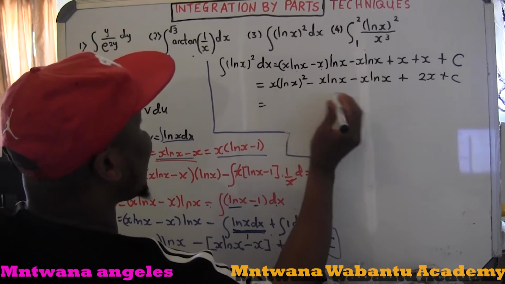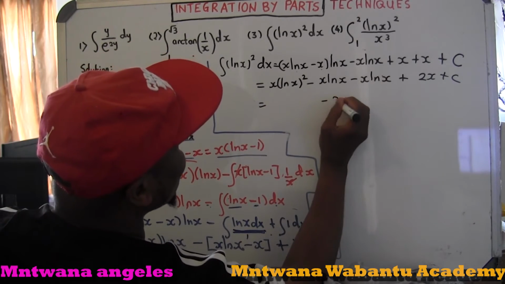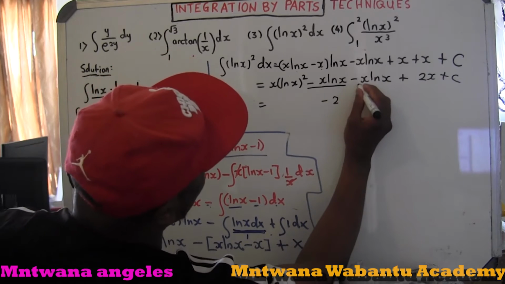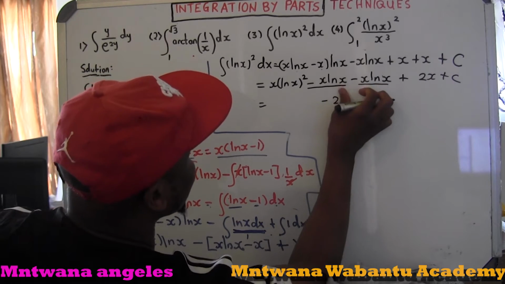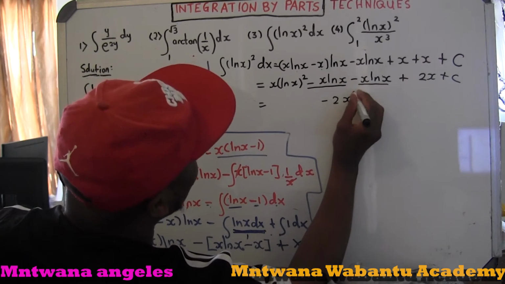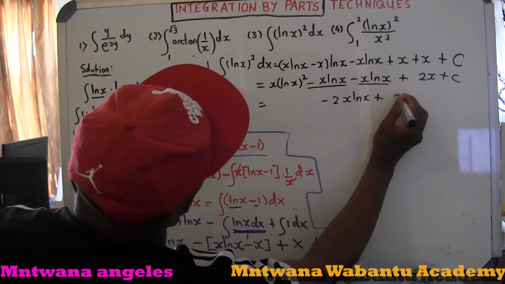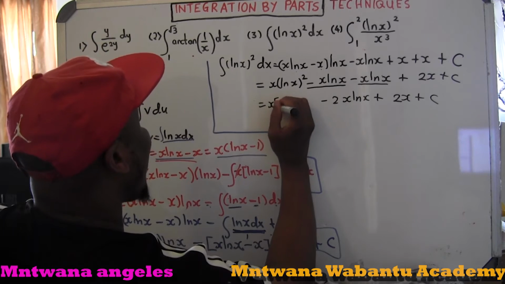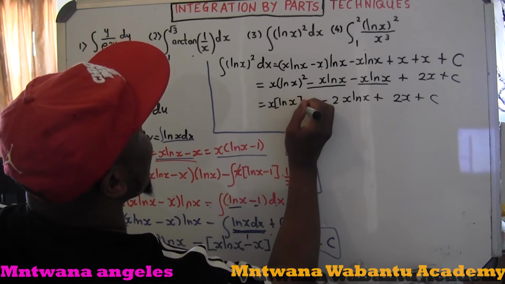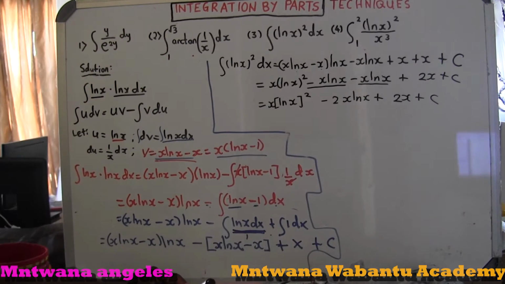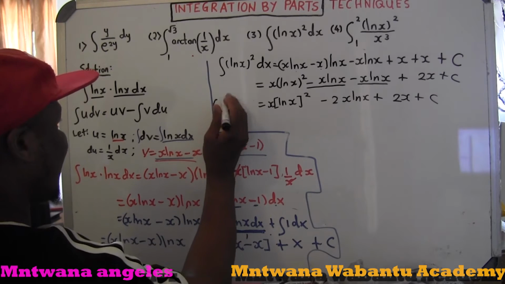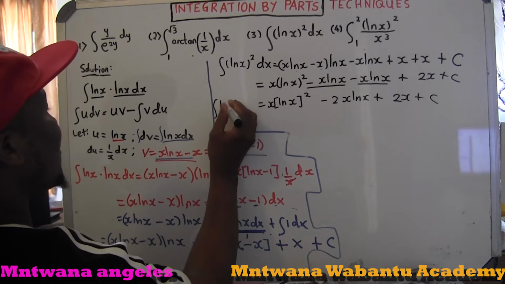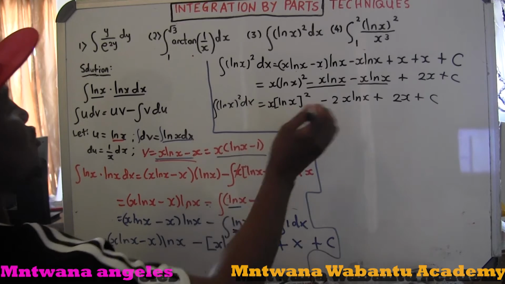So this is going to be minus 2x ln of x plus 2x plus c. So when you integrate ln of x squared dx, that is what you should get.